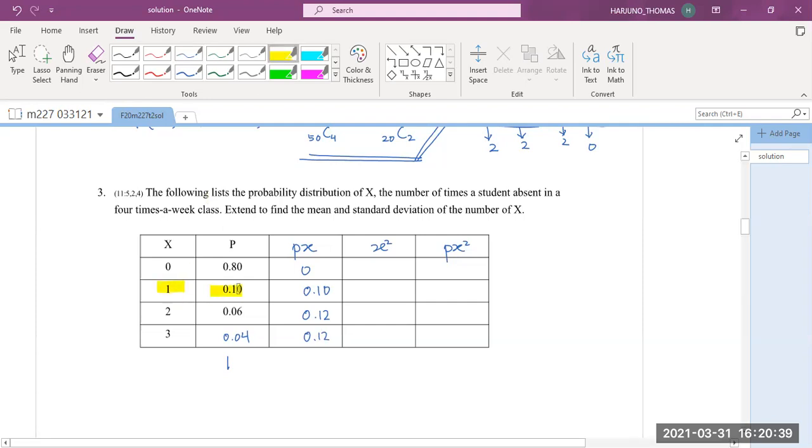This times this gives me this. This times this gives me this. This times this gives me this. When I add them, I get 0.34. Actually, at this point, we can answer that first question already. The mean of x will be 0.34.